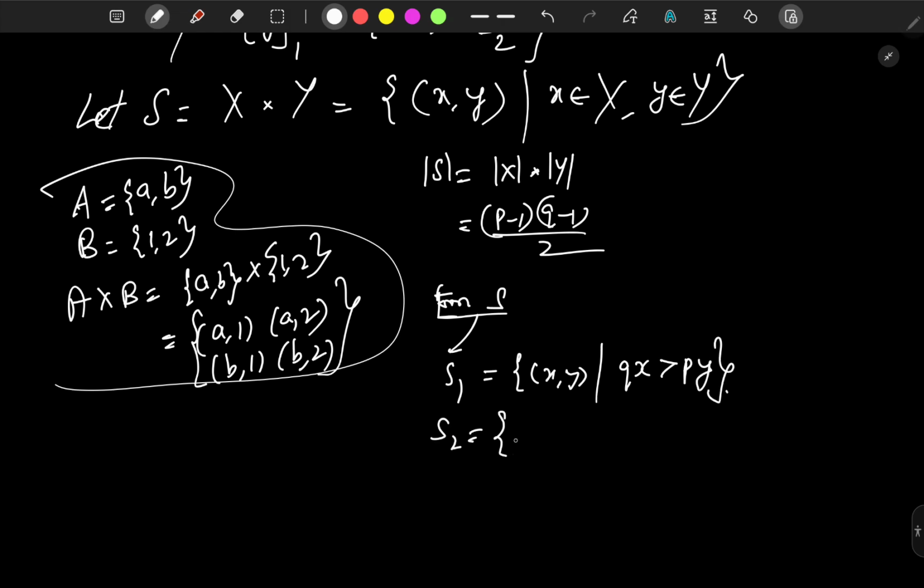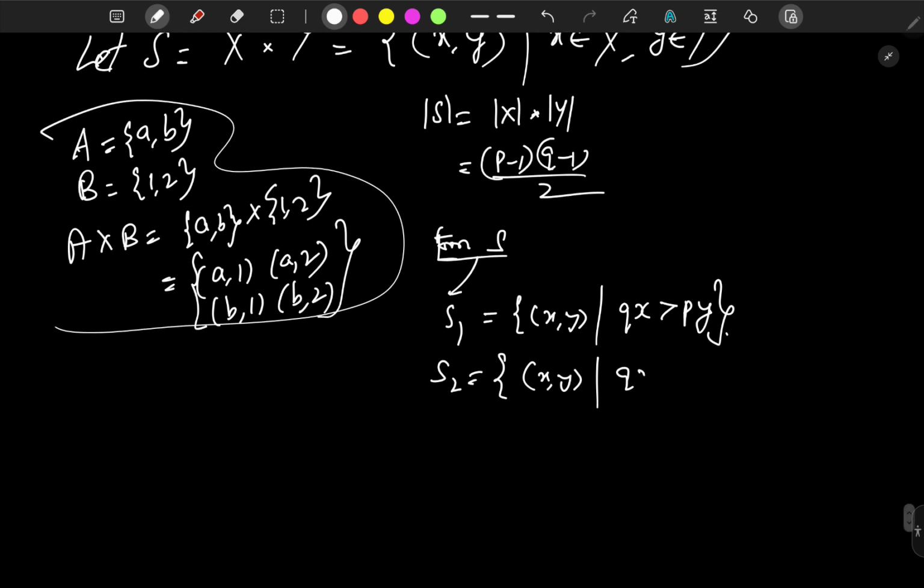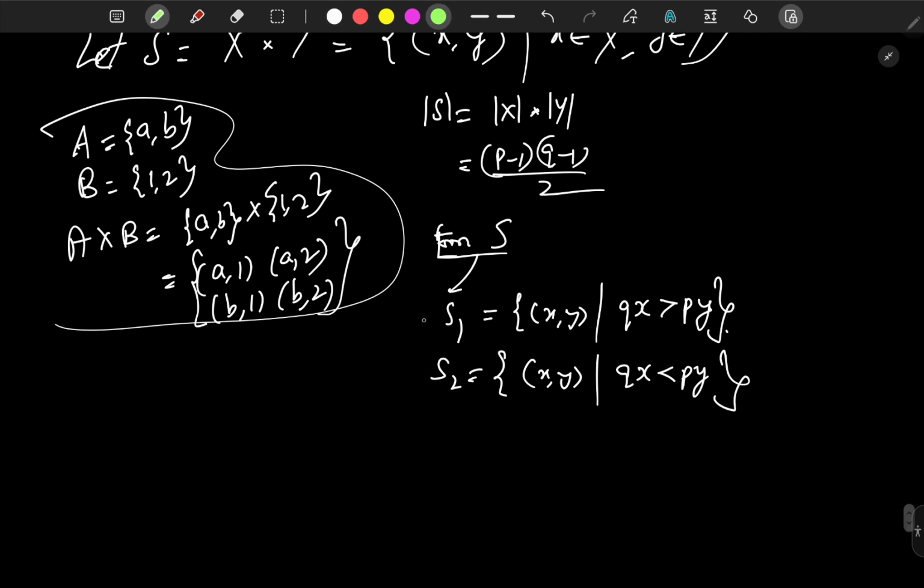Okay, S2 is the set of x comma y such that qx is less than py. Now I am saying that S1 comma S2 are mutually exclusive. Why so?